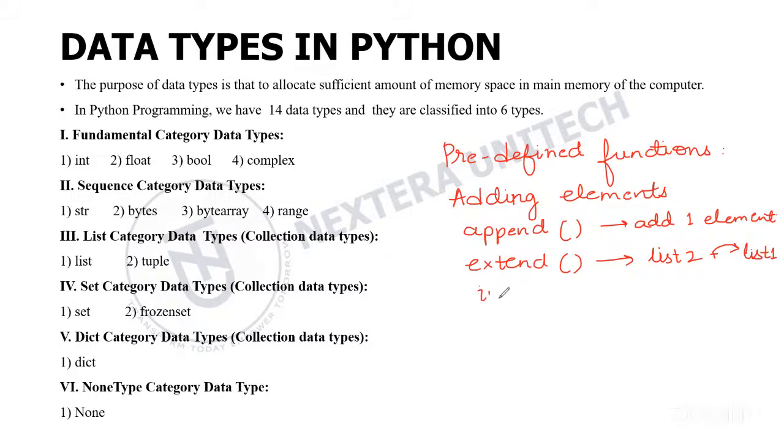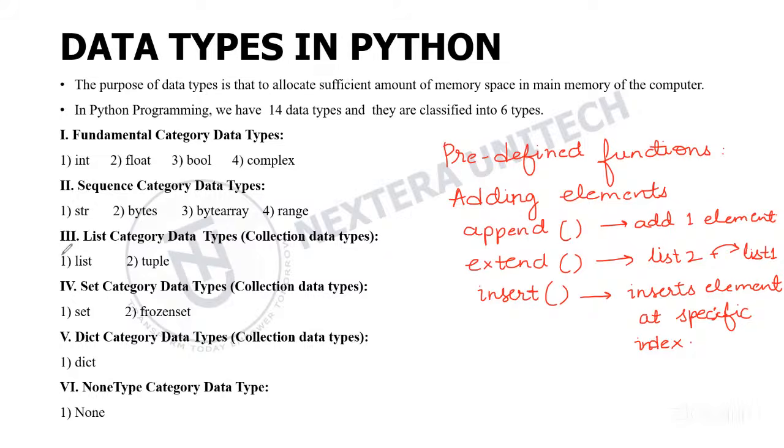And you can also have a function called insert. What it does is it will insert your element at the specific position you want, like the index. So insert is used to insert an element in the list at a specific index.